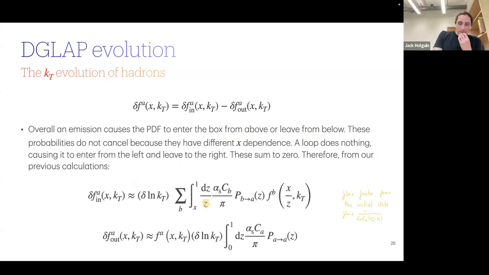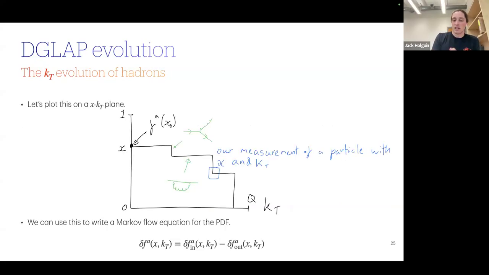Now, let's add up all contributions, and the bottom results are here on this slide. But the key thing to note is that if you did this very carefully, everything flowing in from the left-hand side of the box cancels with whatever flows out from the right-hand side, because they both have the same probability. They're both given by the probability of a loop, which does not change the properties of the quark. But flowing in from the top does not equal flowing out from the bottom.